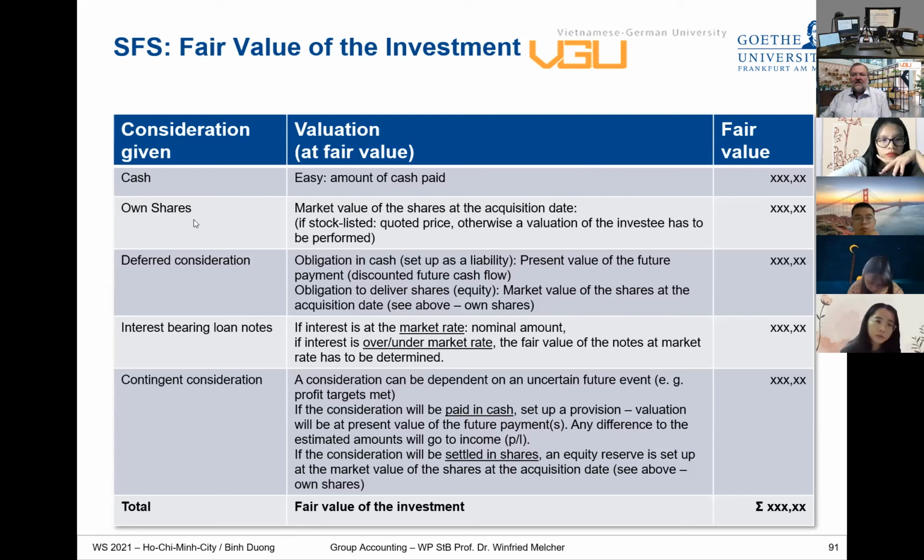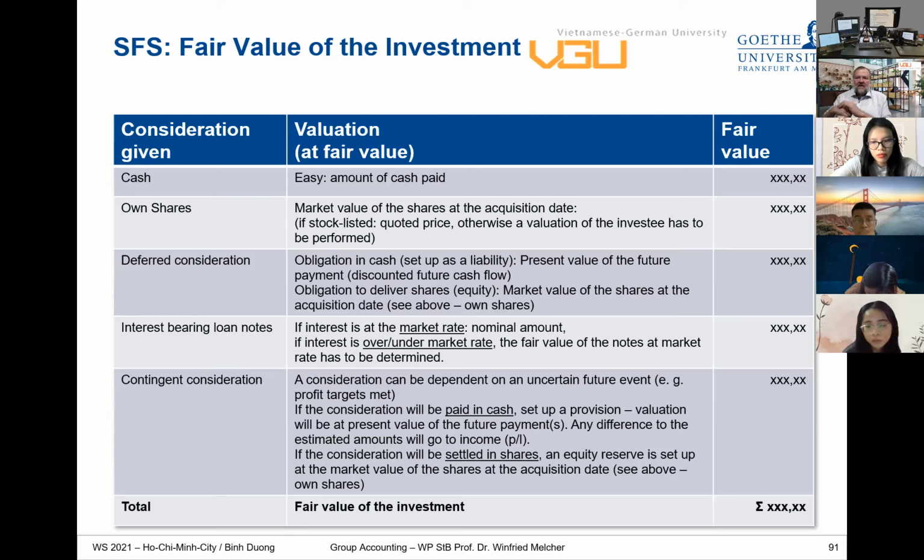So when you issue own shares, what does that mean? Well, of course, as a buyer, you will give away some of your own shares. So those should be valued at the market value of the shares at the acquisition date. It is something you give to the old shareholders of the company that you are acquiring, and you lose some of your own shares.